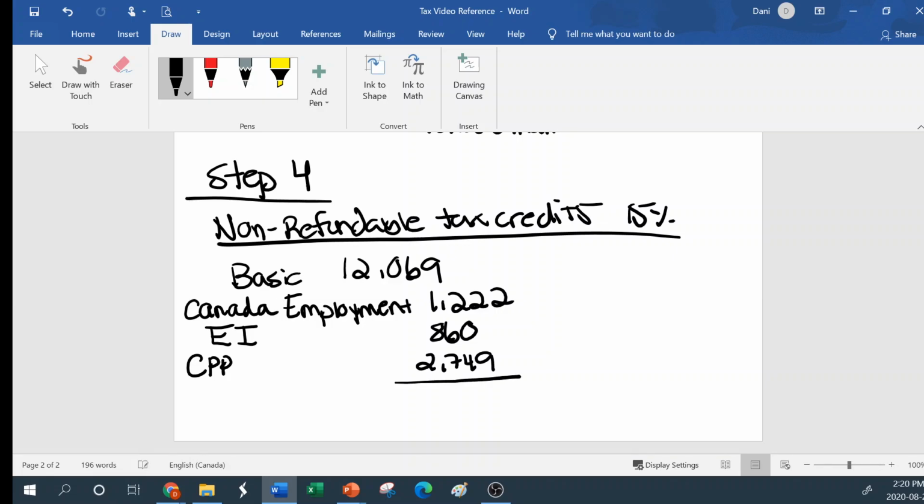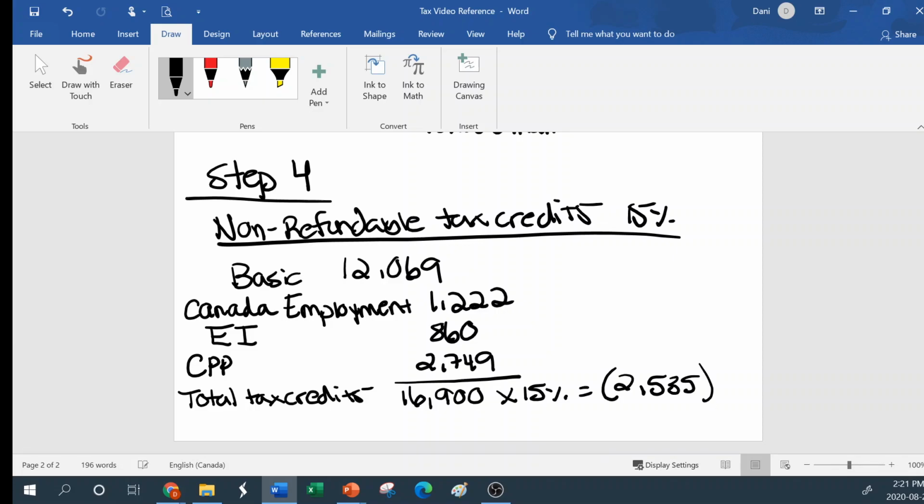So let's say that that's all we qualify for. So our total tax credits is $16,900, if we add them all up. And at 15% is what we get to reduce our taxes by. So that leaves us with $2,535, which we get to reduce our taxes by.